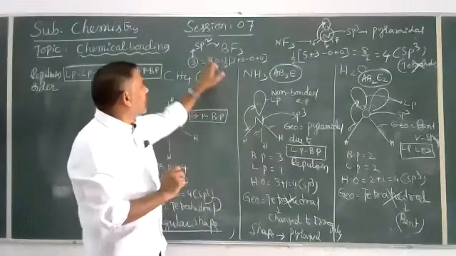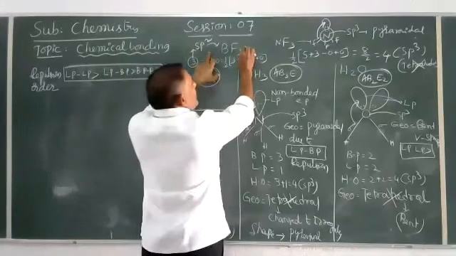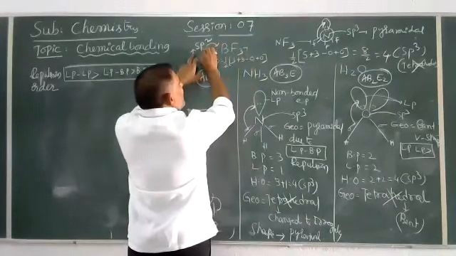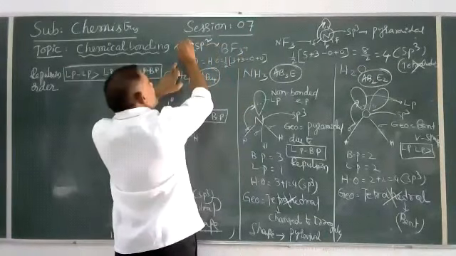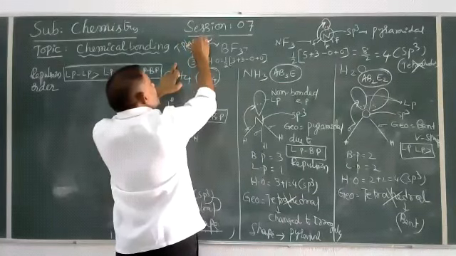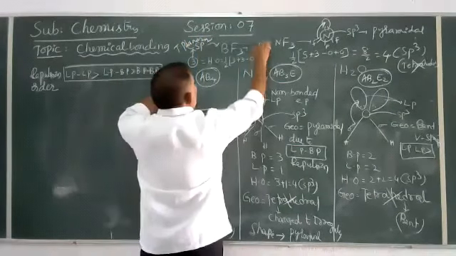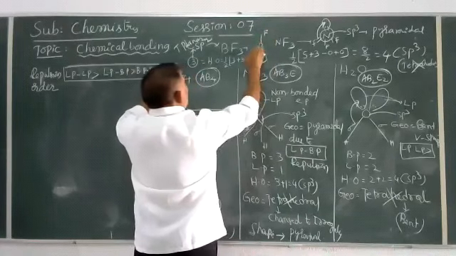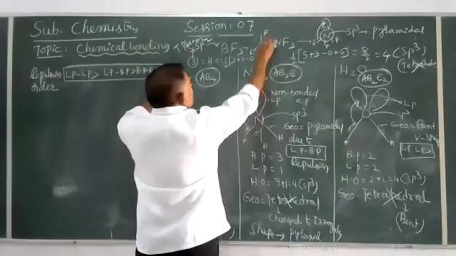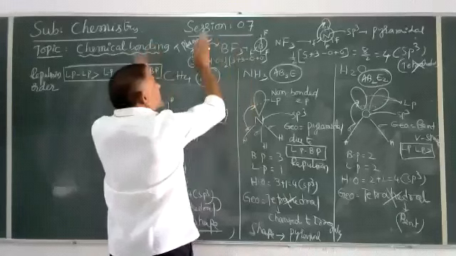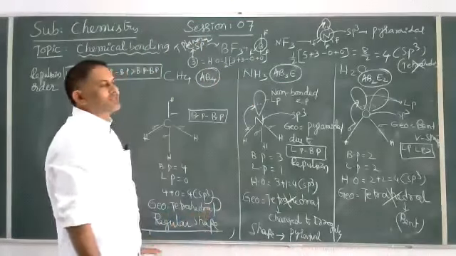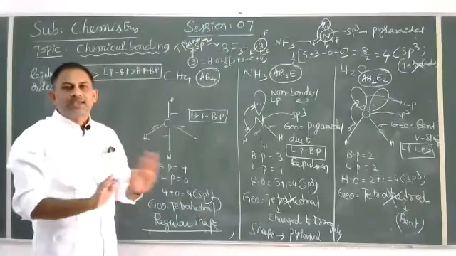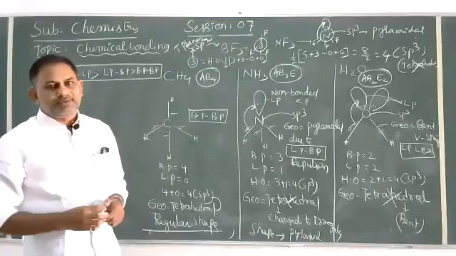Clear? Now in boron trifluoride, sp2 hybridization means it is a trigonal planar structure. Around boron, 3 fluorine atoms are bonded like this. There is no lone pair, regular geometry. According to VSEPR theory as well as hybridization concept, geometry is the same, trigonal planar structure.